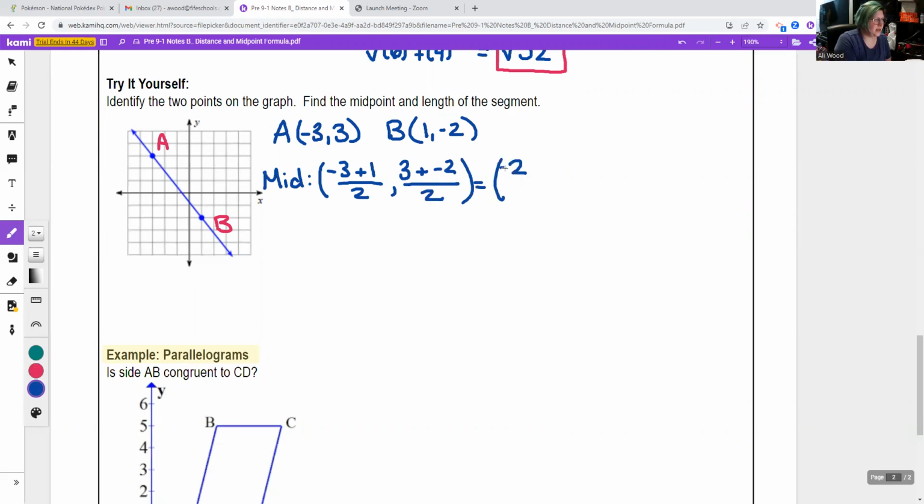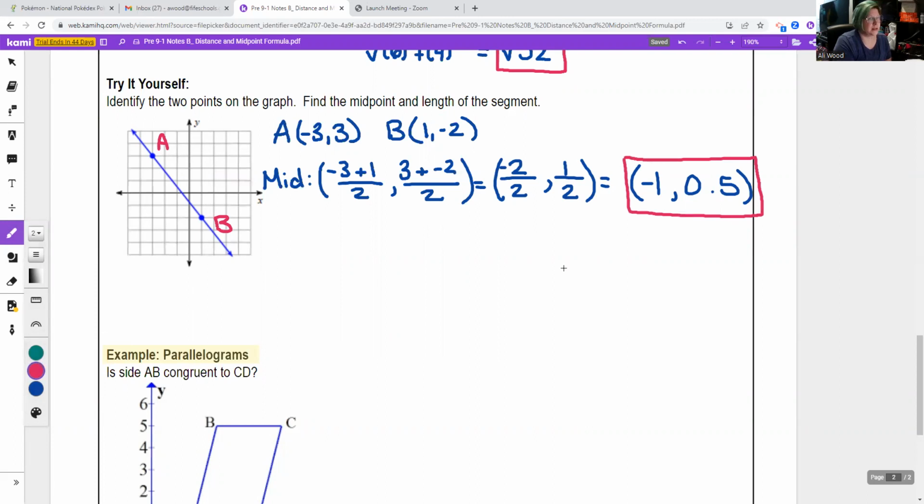So we have negative 2 over 2 and 1 over 2. And this is going to simplify down to negative 1 and 0.5. So yes, decimals are A-okay here in your midpoint. On the answer key of the worksheet, it's going to be decimals. So there's our midpoint.